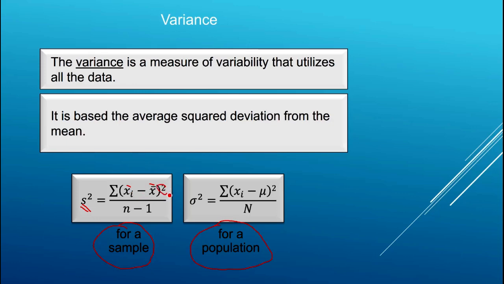I'm going to do that for every single observation that's in the data set, and then only after taking those differences and squaring them am I going to add them all up. Once I have added them all up, as signified by the summation sign, I'm going to take, in a sense, an average of those squared deviations from the mean by dividing by the sample size minus 1.